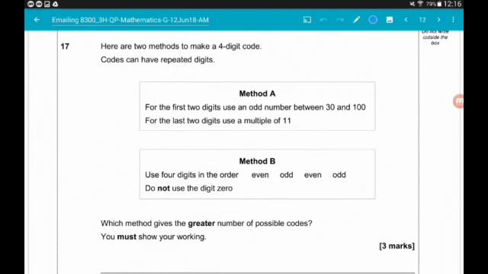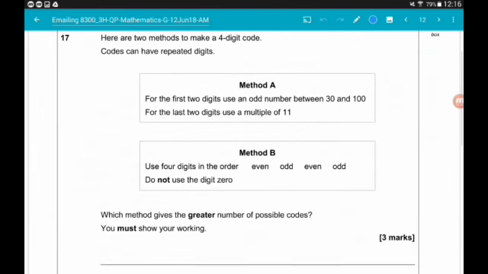Cool. In 17, we've got 2 methods to make a 4-digit code. Digits can be repeated in the codes. Method A says for the first 2 digits, use an odd number between 30 and 100. For the second 2 digits, use a multiple of 11.